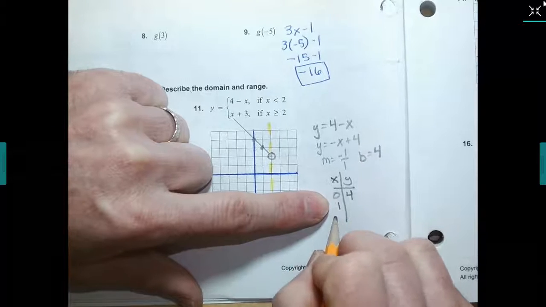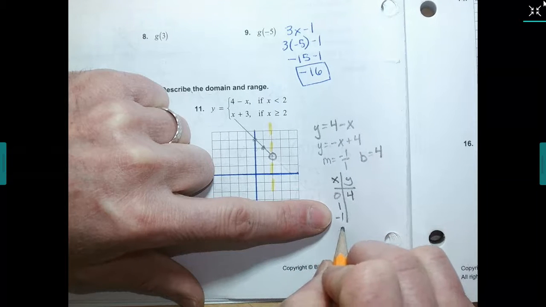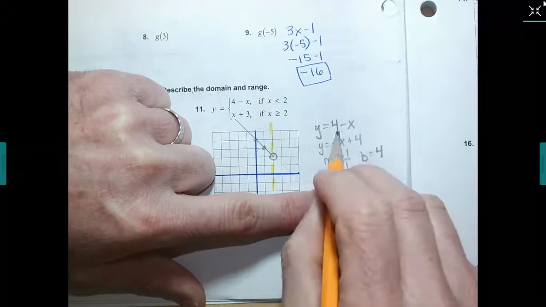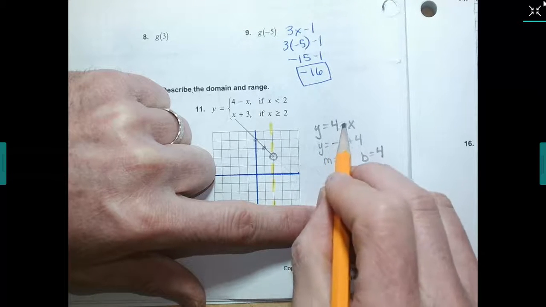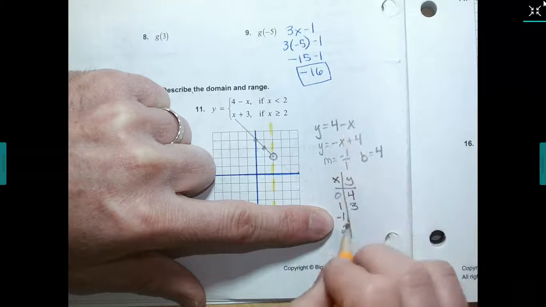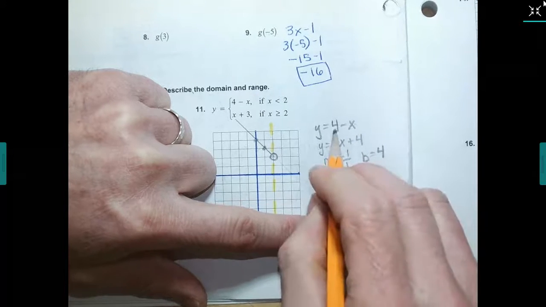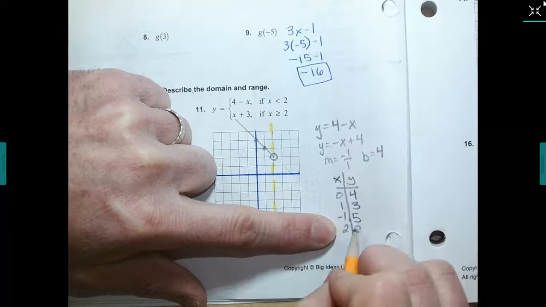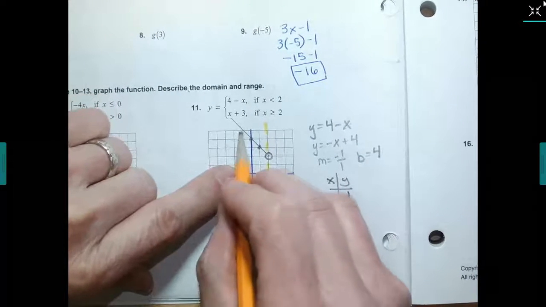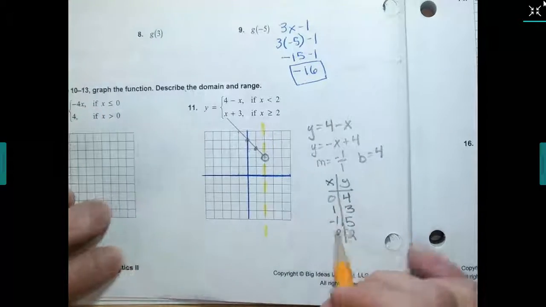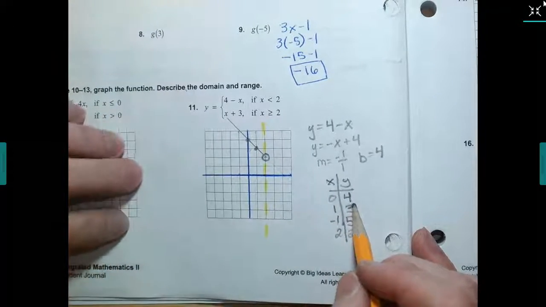I could go 1, -1, and 2. So 4 minus 1 is 3. Negative 1, so it would be 4 minus a negative 1, so 4 plus 1 is 5. 4 minus 2 is 2. So I have (2, 2) and (-1, 5). So you could plot your line that way if you prefer.